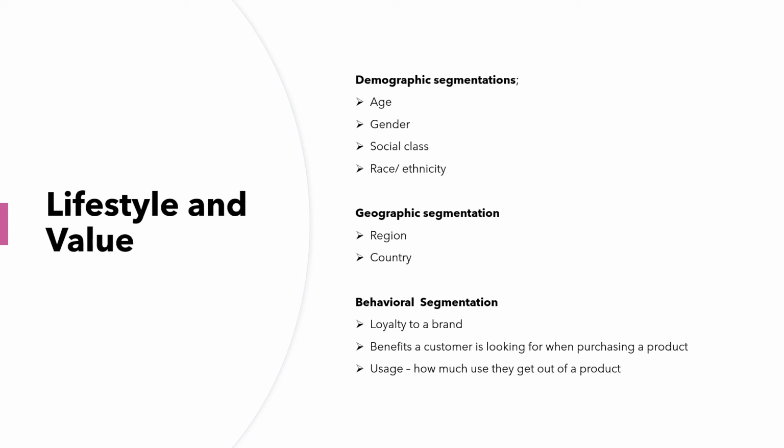Geographic segmentations are made up of region and country. And behavioural segmentation is made up of, for example, loyalty to a brand, a benefit a customer is looking for in purchasing a product, and usage.